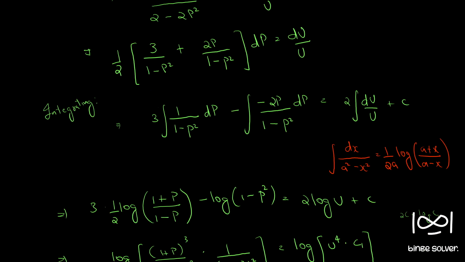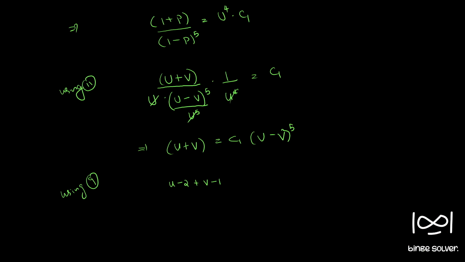Let me just check. u minus 2 plus v minus 1 is equal to c1 into (u minus 2 minus v plus 1) the whole raised to 5. So this becomes u plus v minus 3 is equal to a constant into (u minus v minus 2 plus 1, that is minus 1) raised to 5.